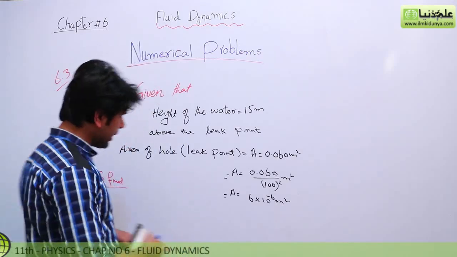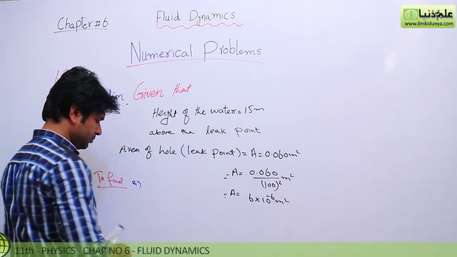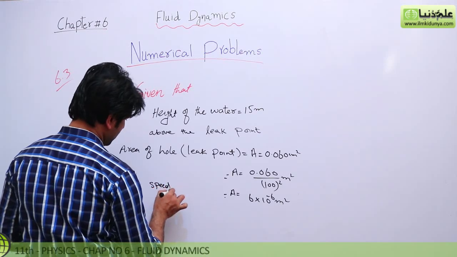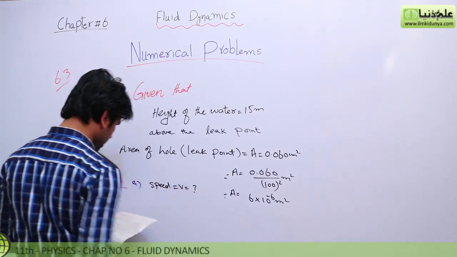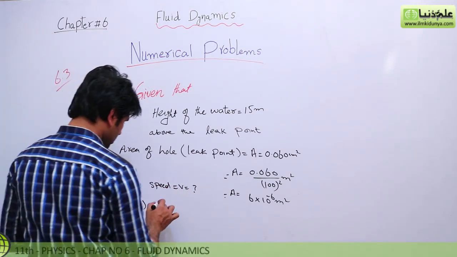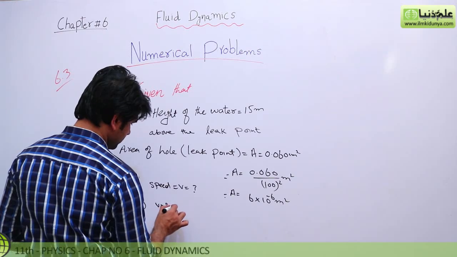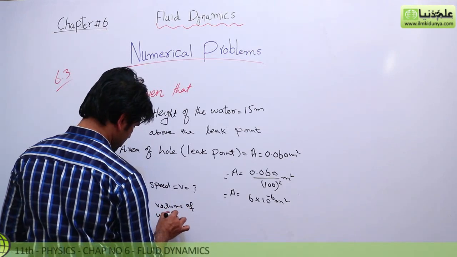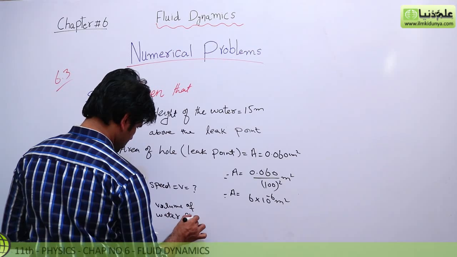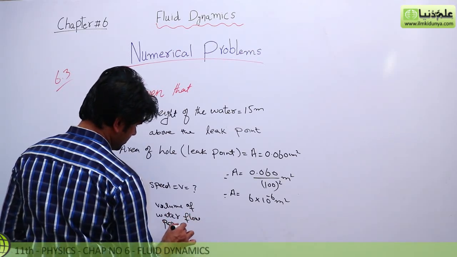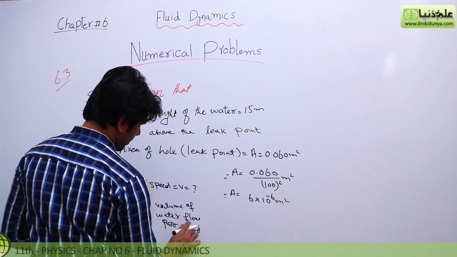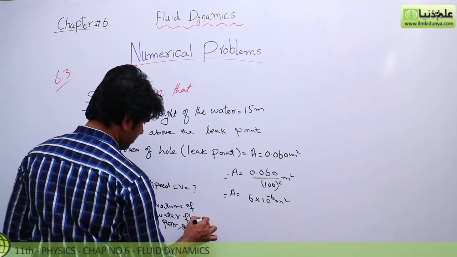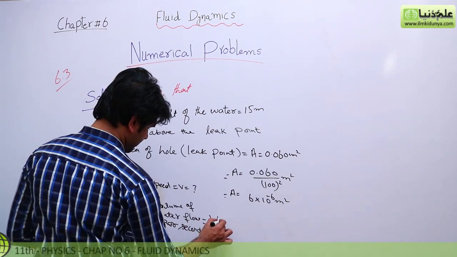We will have to find A, speed V, which is speed of water, and B, volume rate of flow of water, volume of water flow per second. This can be written as V capital.